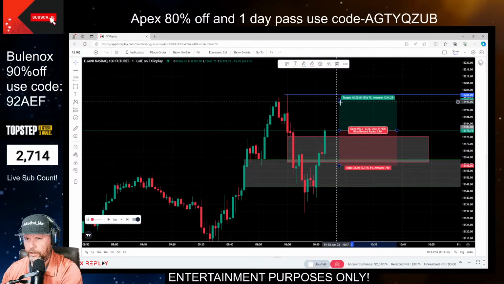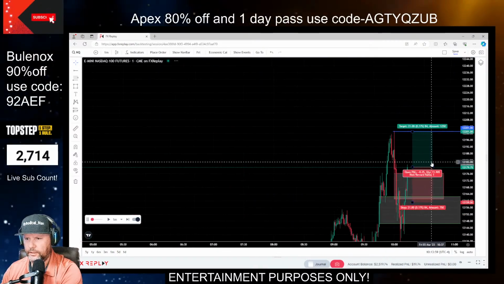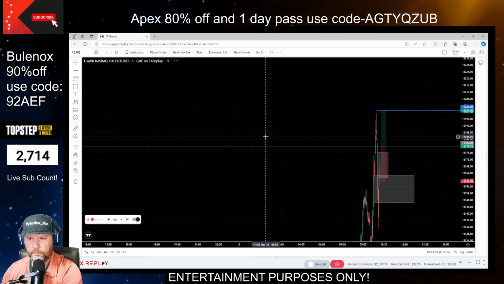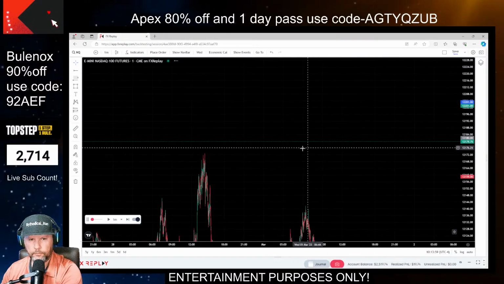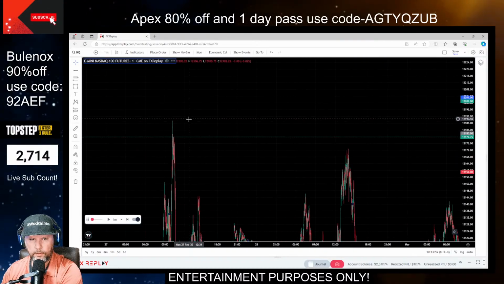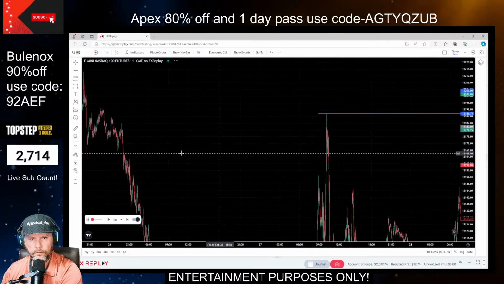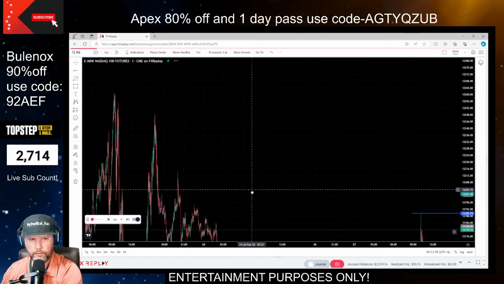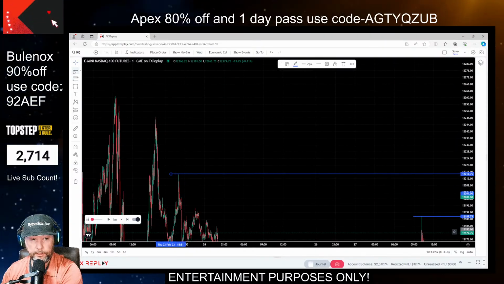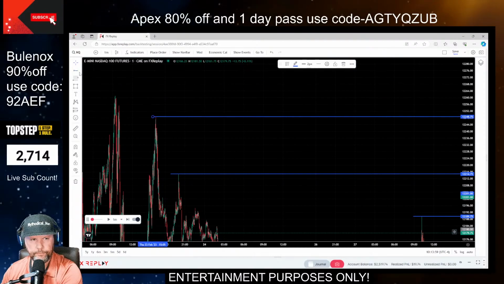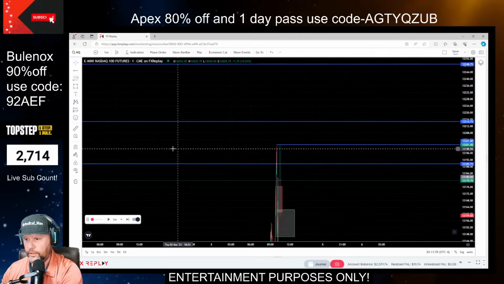This is not going to be a great RR play as far as if we just only targeted here. But let's look to the left and see what else we can target. All right, we got a wick up here. What else do we got out here? So we got these out here that we can target. So let's mark those out and come back over here. We'll just target the highest one.